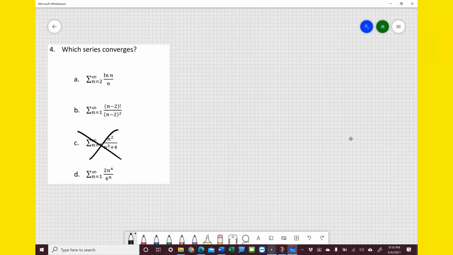All right, the rest of these appear to be in the weird category. And remember, the weird category, we are going to use either the integral test or the ratio test. For part A, that to me just looks like it's begging to use the integral test. Why is that?